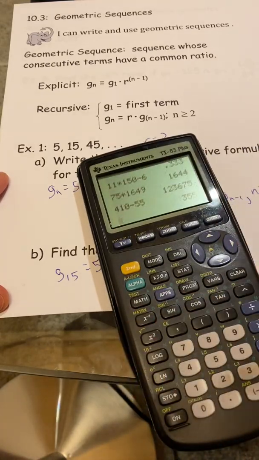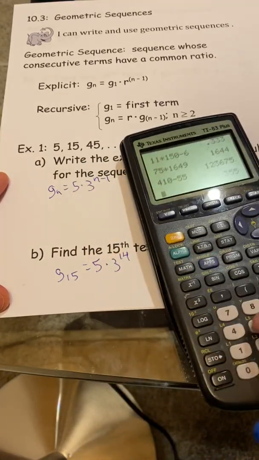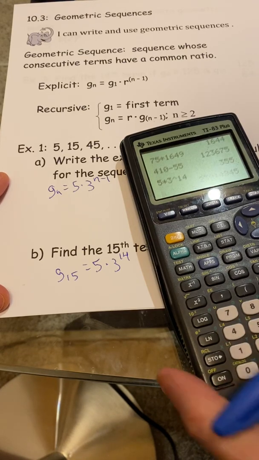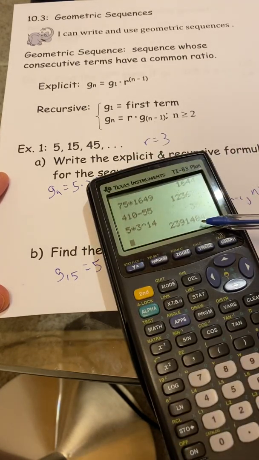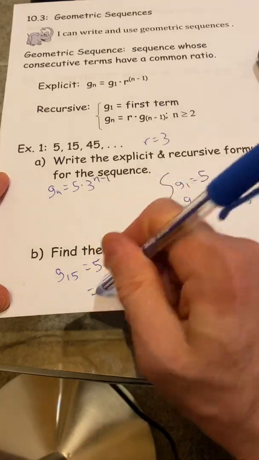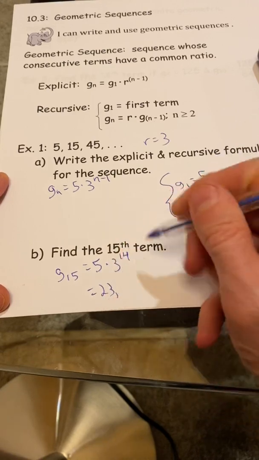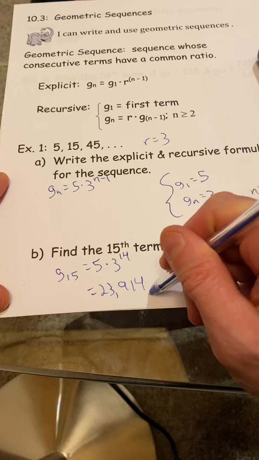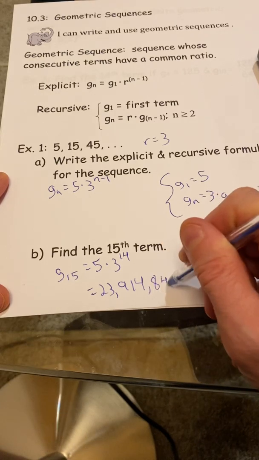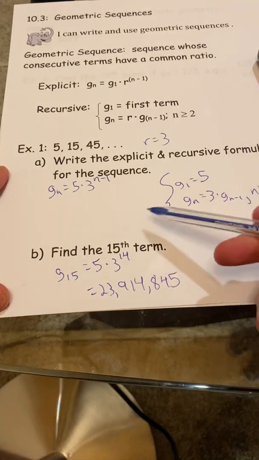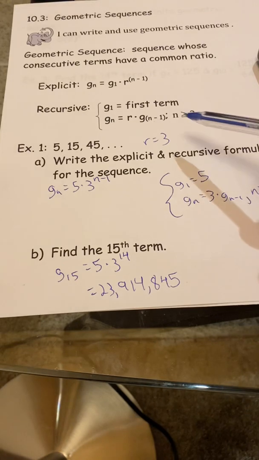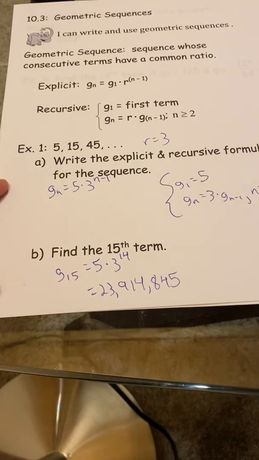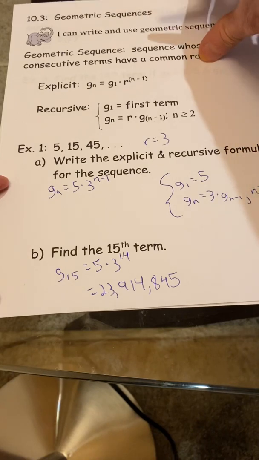You are going to end up with a pretty big number when we take 5 times 3 to the 14th. It's 23,914,845. If you think back to first semester when we were working with exponential and logarithmic formulas, a geometric sequence is essentially an exponential growth equation. So there is your 15th term.